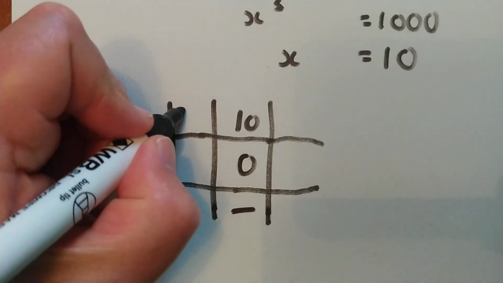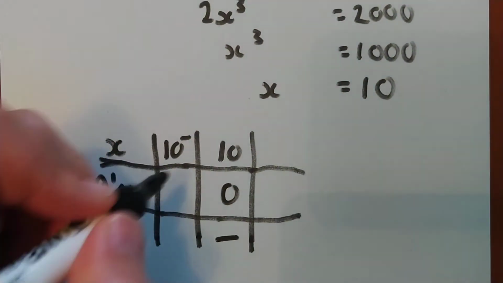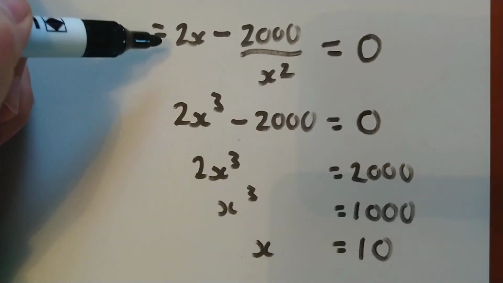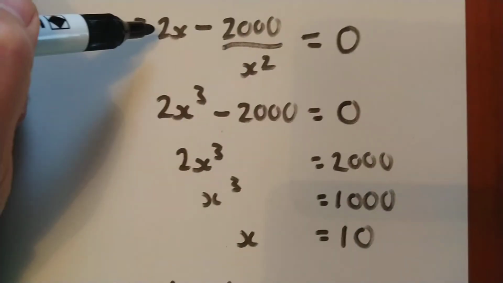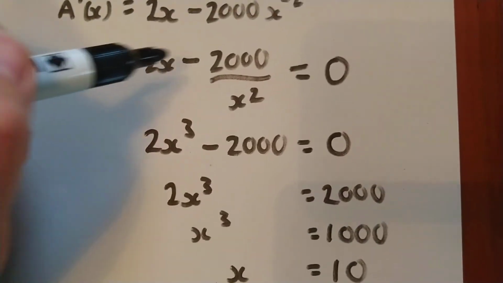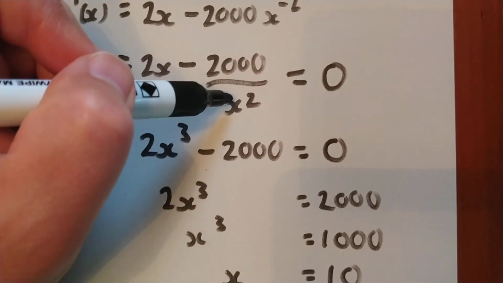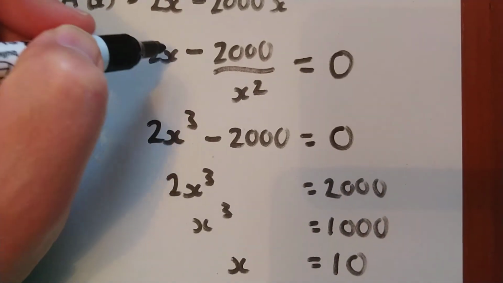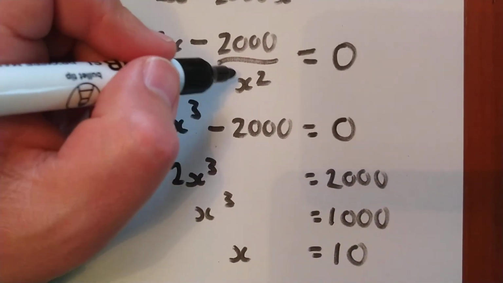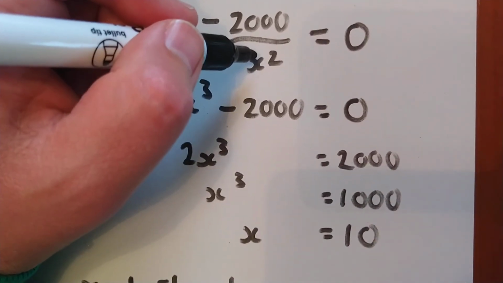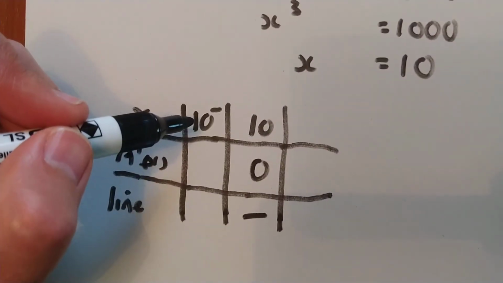Pick a number less than 10. I'll probably pick 0 in this formula. And then I'd say 2x minus 2000 over. I can't do that. I'm not allowed to say 2x take away 2000 over 0 squared. So for once I can't do that.